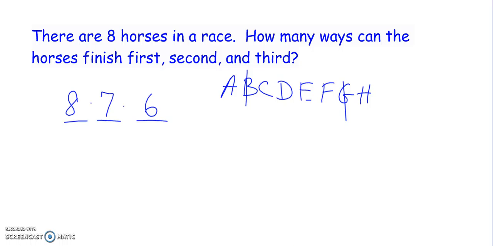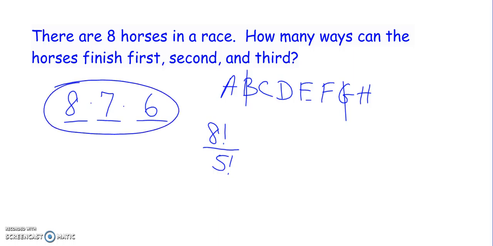The way we write this mathematically is 8 factorial divided by 5 factorial, because 5 factorial would cancel out the 5 factorial above it, and you'd be left with just this multiplication, 8 times 7 times 6, which would be 336 different ways to finish.